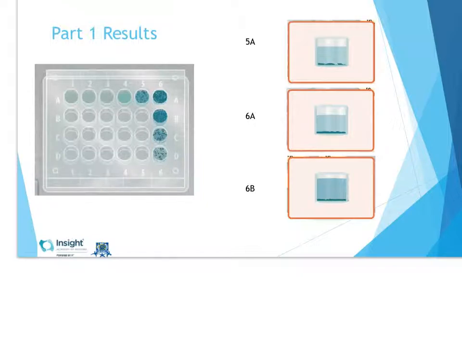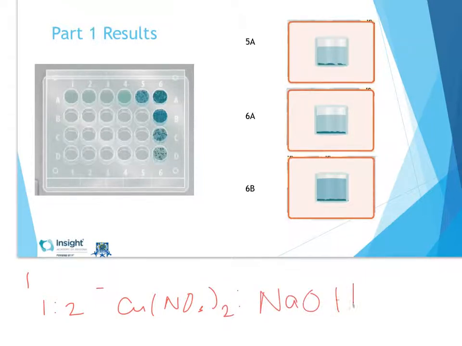According to the balanced reaction, there should be a 1:2 ratio of copper nitrate, Cu(NO3)2, to NaOH, which means to get the most product, we should have twice the amount of NaOH to the amount of copper nitrate.